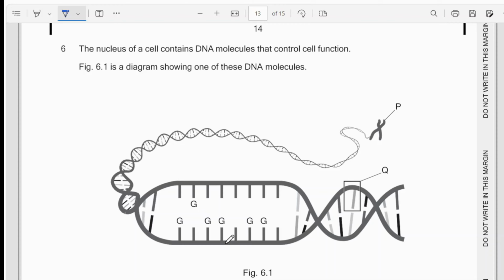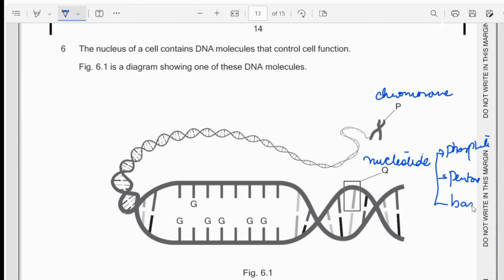Okay, the nucleus of the cell contains DNA, the molecule that controls cell function, and this is the part of DNA. What is P, by the way? Chromosome. And what is Q? Nucleotide. Nucleotide is made up of three things. What are those three things? Phosphate linkage, okay. A pentose, correct.